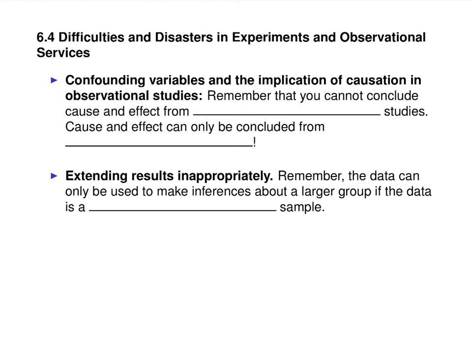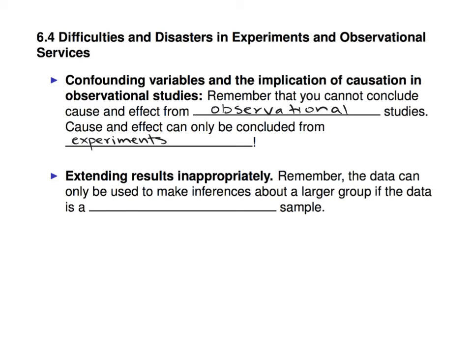You absolutely cannot conclude cause and effect from observational studies. I think one of the only successful cases of that is probably smoking. You really can only conclude cause and effect from experiments, where people are randomly assigned to a group and treatments applied to those groups.